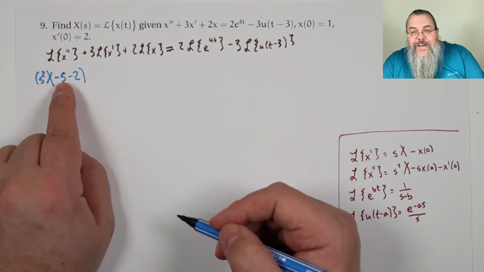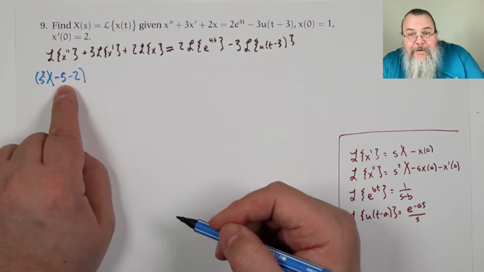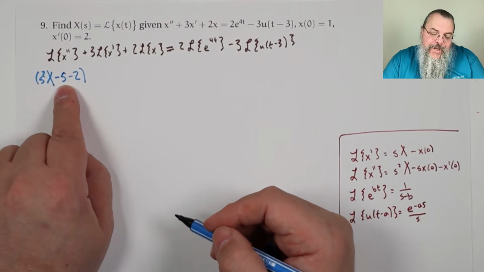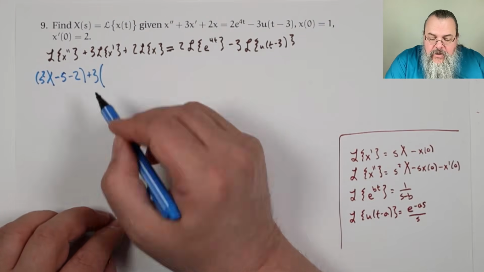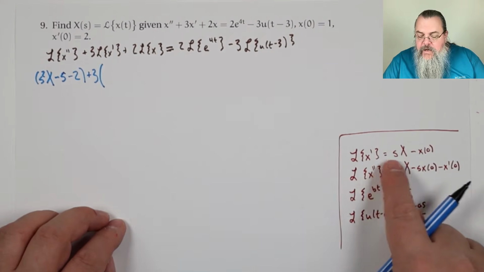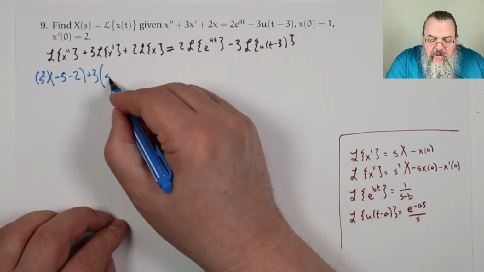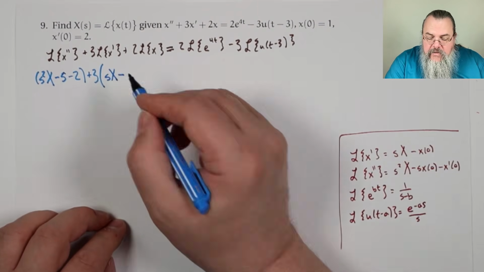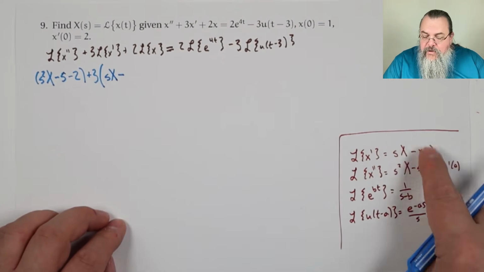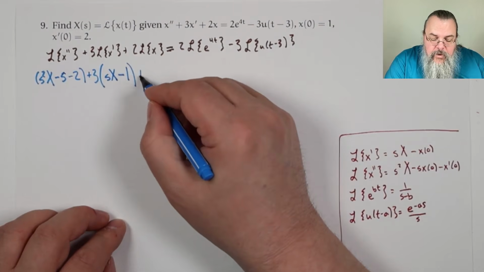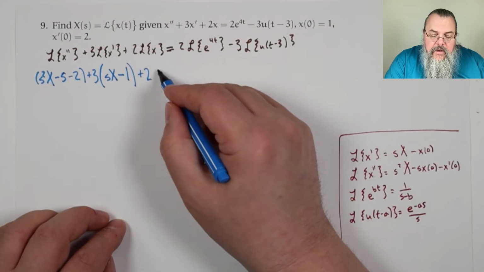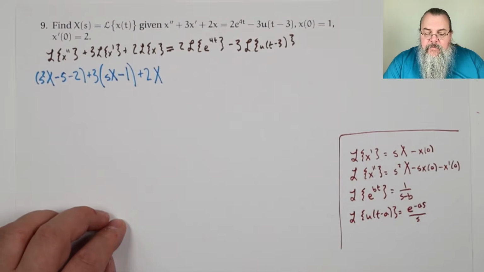If your s's look like 5s, you might say, oh, here's a 5. No, that's an s. Make sure you know. All right, then we have plus 3(the Laplace of x'), sX minus x(0), which is 1, plus 2 Laplace of x, which is capital X.